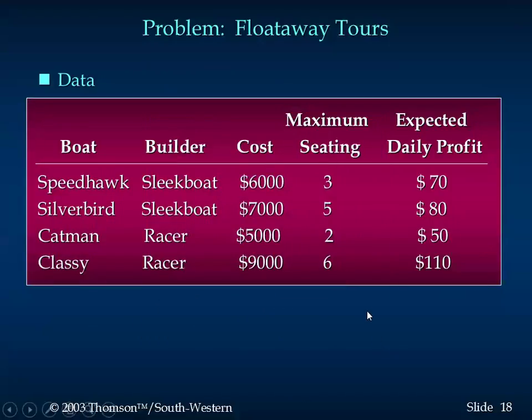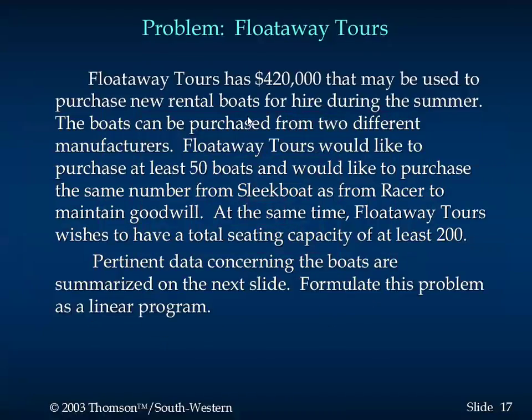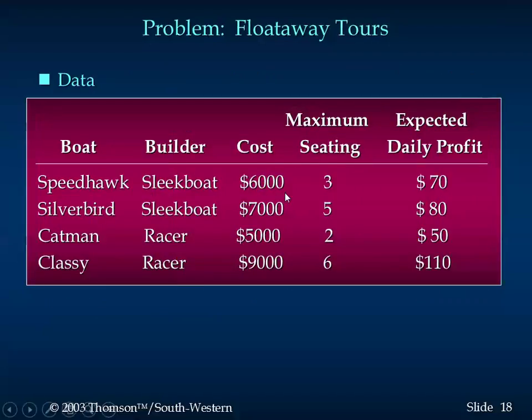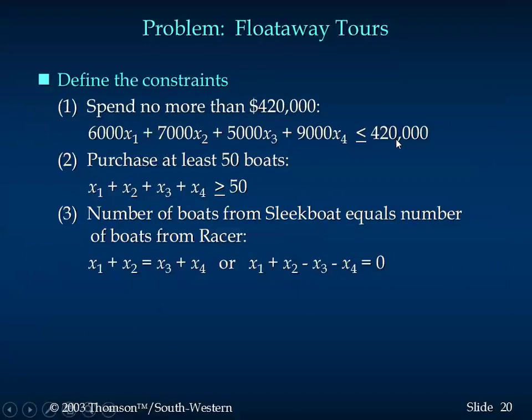Now what other constraints are there? 4,20,000 is our budget, so this expenditure should be less than that. So 6,000 X1 plus 7,000 X2 plus 5,000 X3 plus 9,000 X4 should be less than or equal to 4,20,000. Then we want to purchase at least 50 boats. So X1 plus X2 plus X3 plus X4 should be greater than or equal to 50, and equal number from both manufacturers.